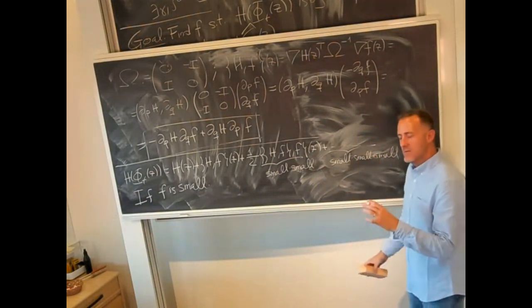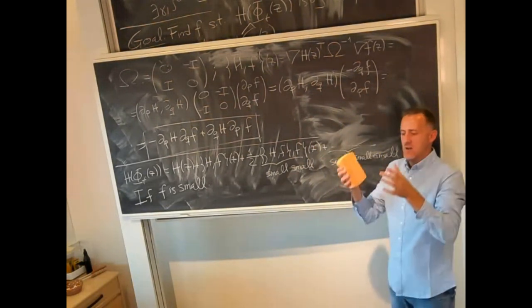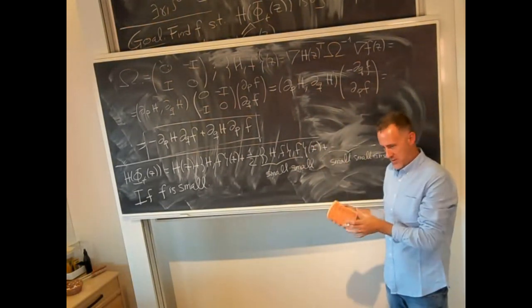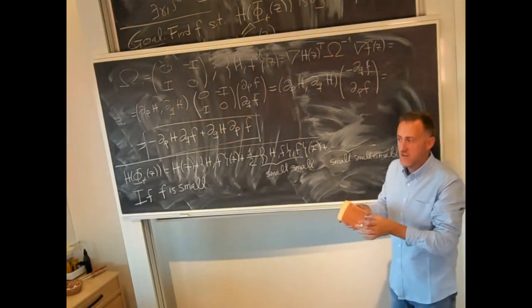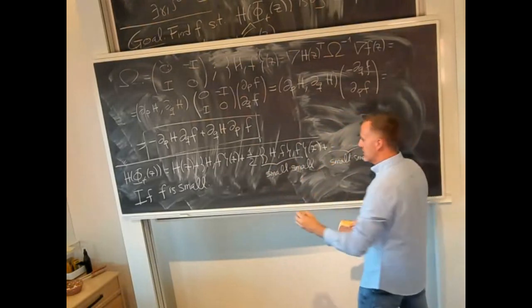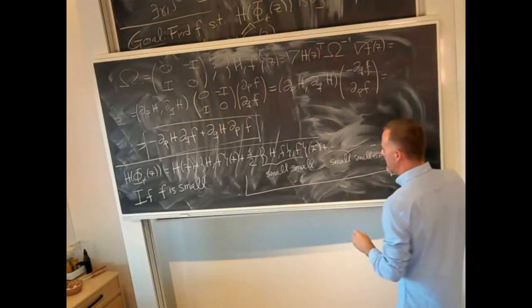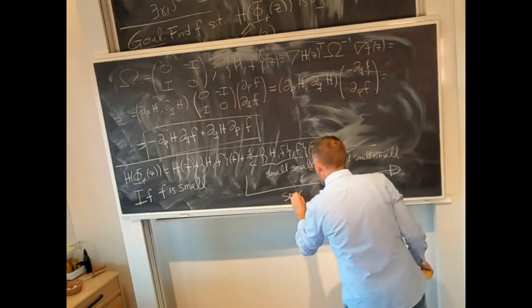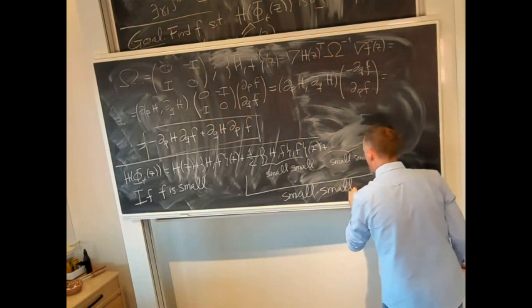So if the only thing that we want is that we started with a Hamiltonian that was what we desired plus small, and we want to get what we desired plus something that is smaller, I don't care which f I choose, all this will contribute to have something that is at least small times small. Okay?